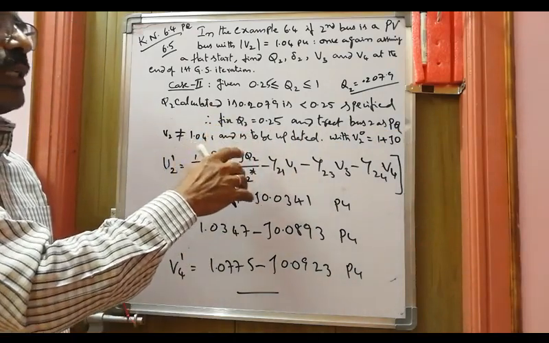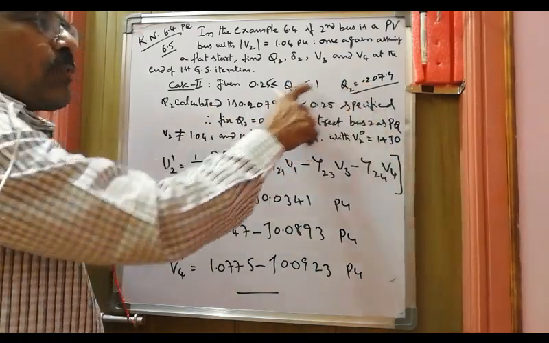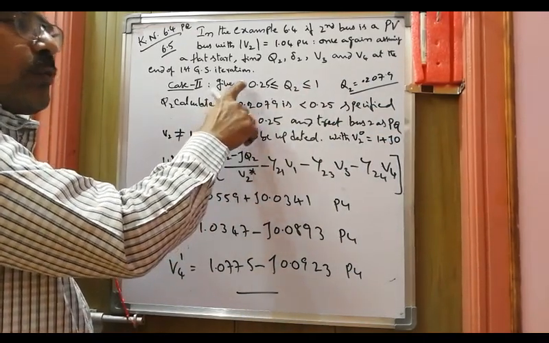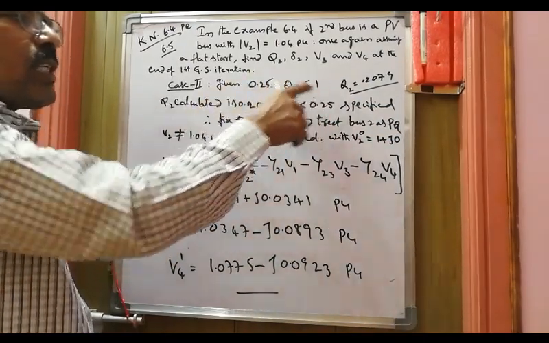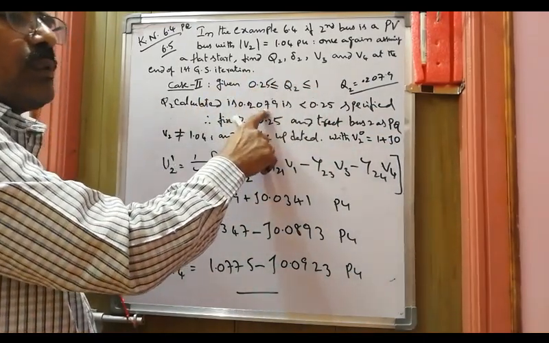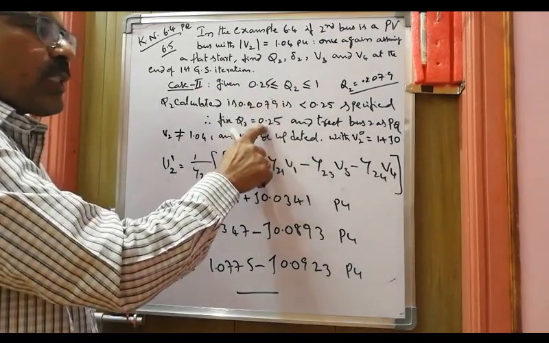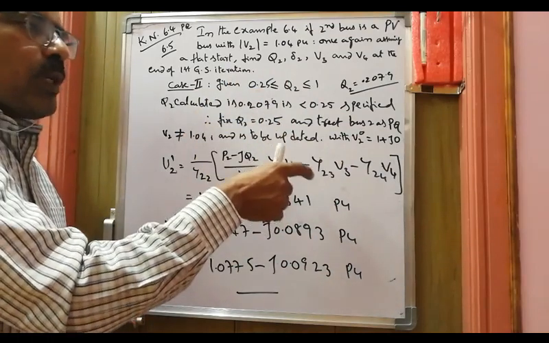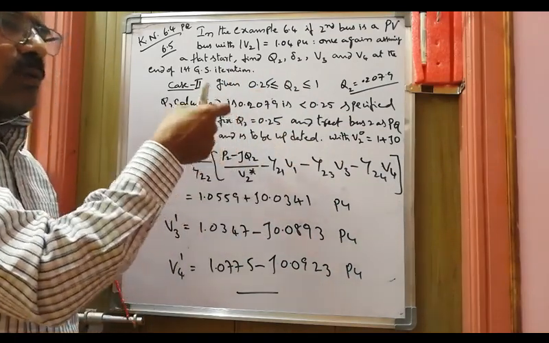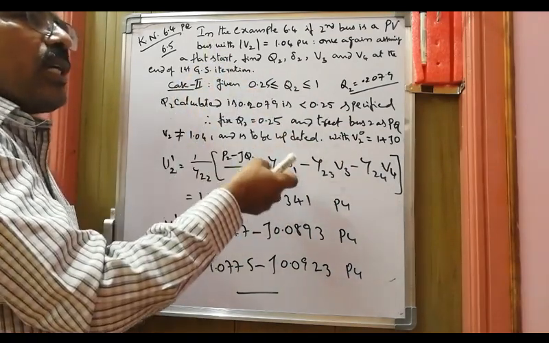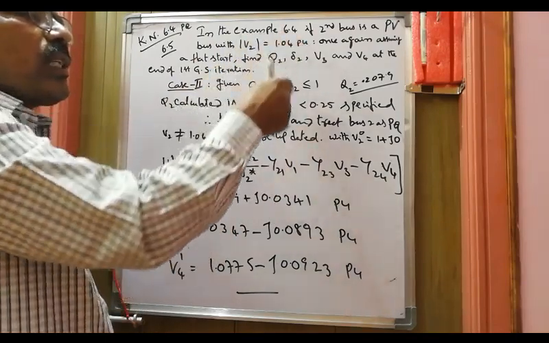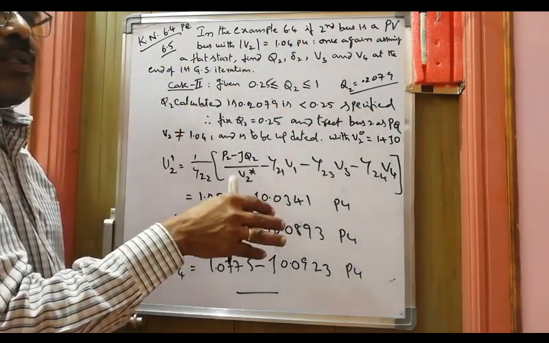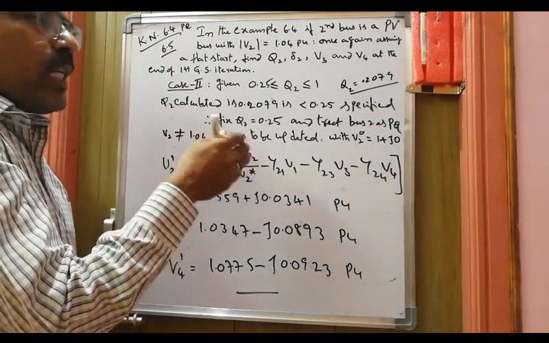The procedure is: if the obtained Q2 falls below the limit, fix that value to 0.25. Once it is fixed, that bus becomes PQ bus, and the voltage is to be updated. The earlier voltage is to be ignored. You need to calculate the latest value.